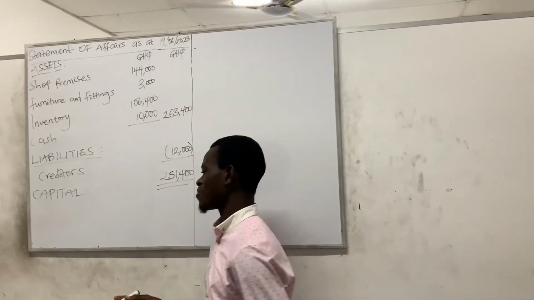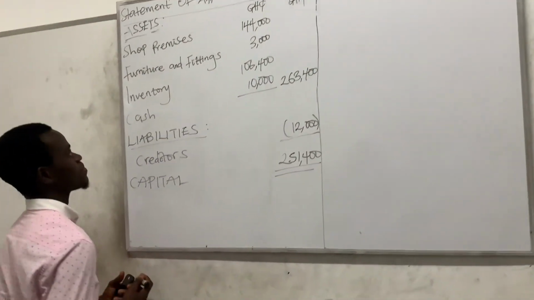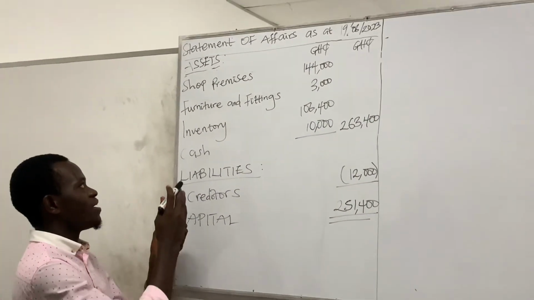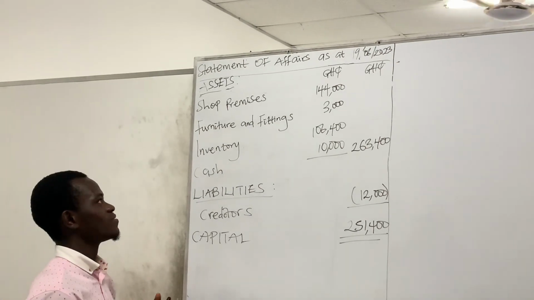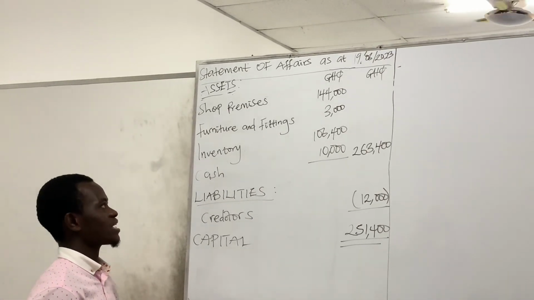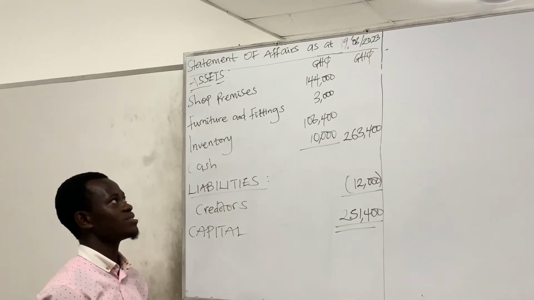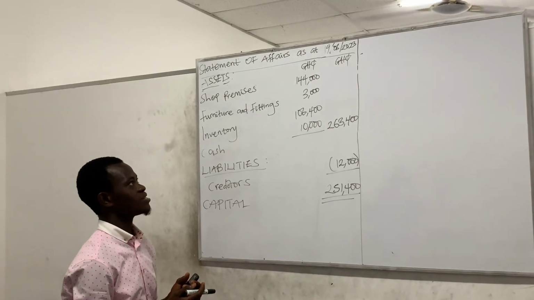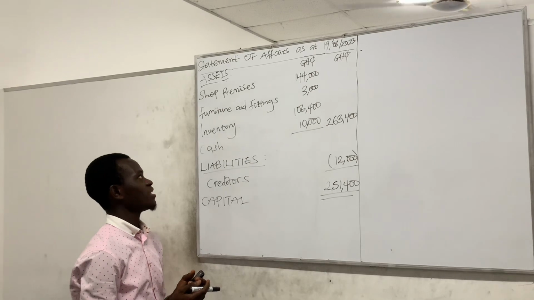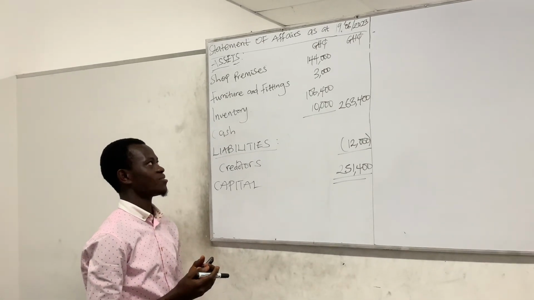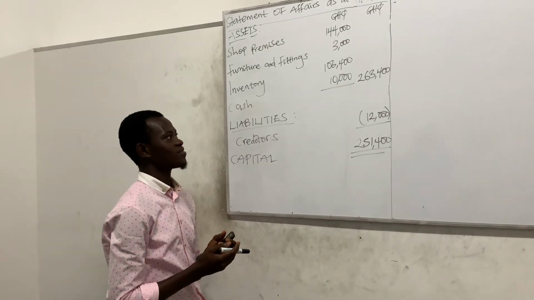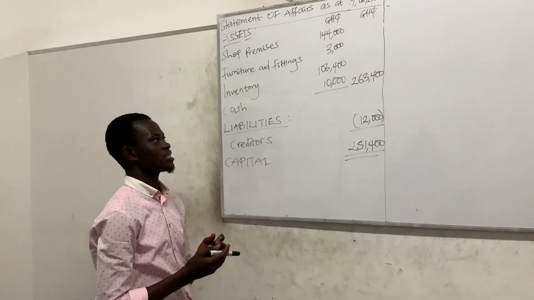Now let's move on to how we will ascertain this opening capital. In the first place, we have a lot of assets here: shop premises, furniture, inventories and cash. Per our research, we got from the business that the shop premises amounted to 144,000, and furniture and fittings was 3,000. Inventories was 106,400, and cash was 10,000.